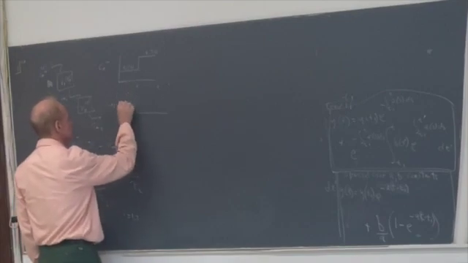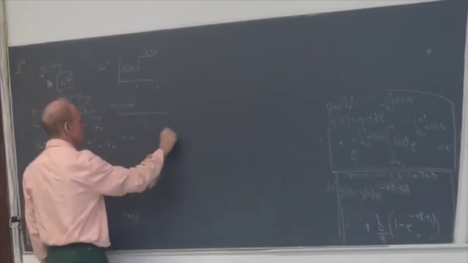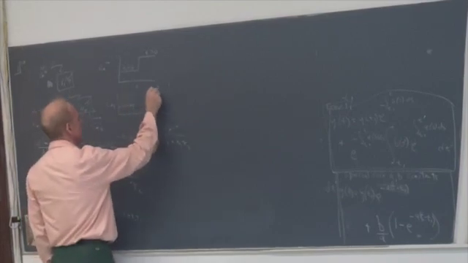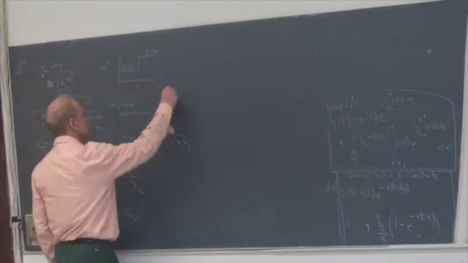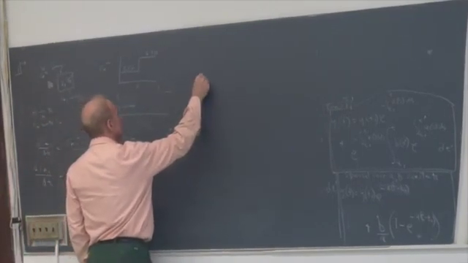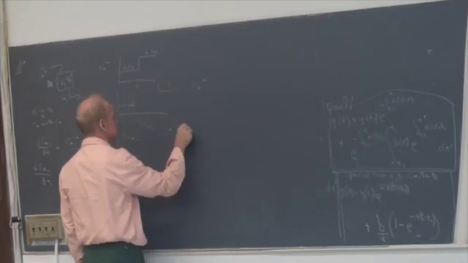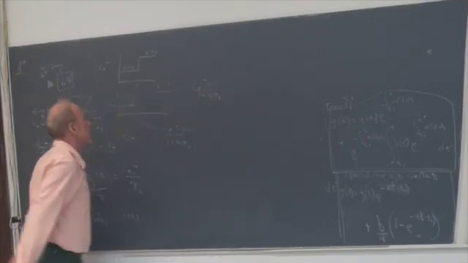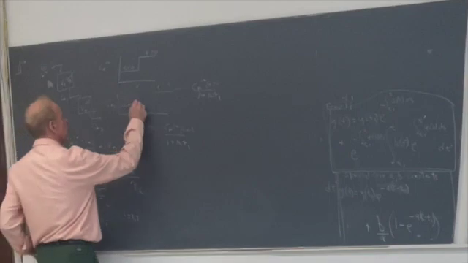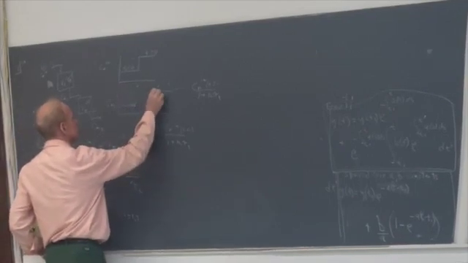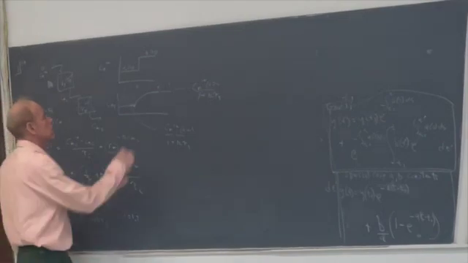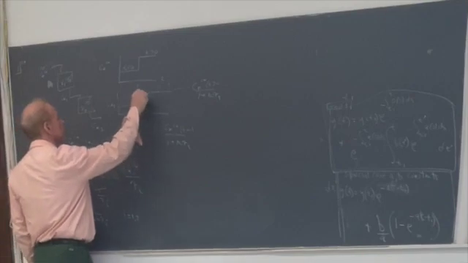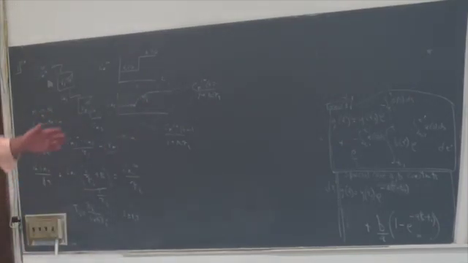Maybe I should write it bigger since I was writing too small. And we know that eventually it will reach CA in over 1 plus K tau, for t greater than 0. But we know, because we just solved it, that it's going to go like this, that there's 1 minus an exponential with the time constant T1. So that's all we solved already.